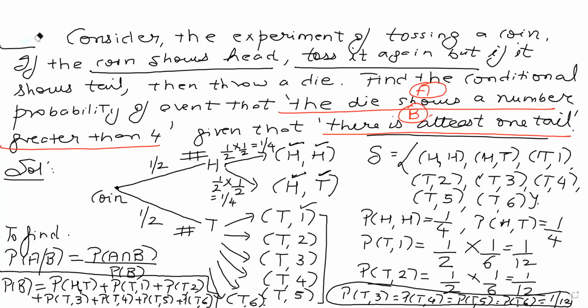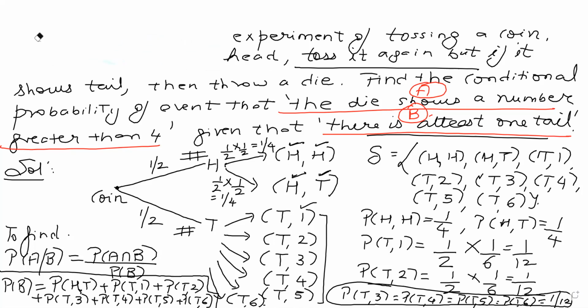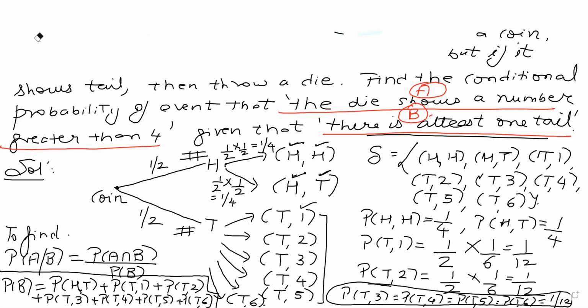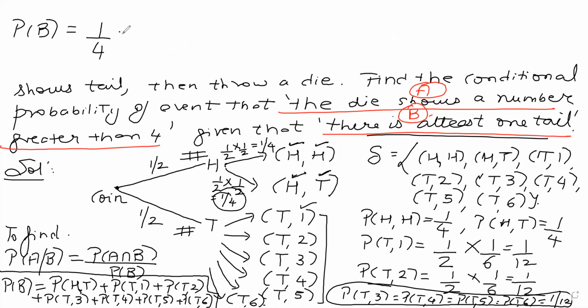Now, if I erase the question, by now all of you know the question. And if I solve this further on the top, let us see what do we get. So probability of B will be, now probability of HT is how much? 1 by 4 plus from probability of T1 to probability of T6, all probabilities are equal to 1 upon 12.